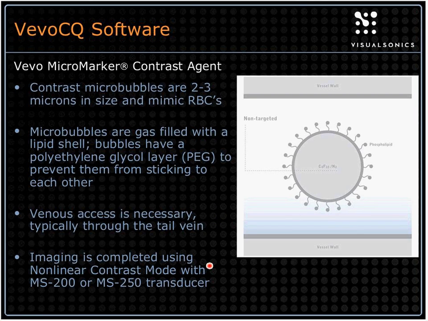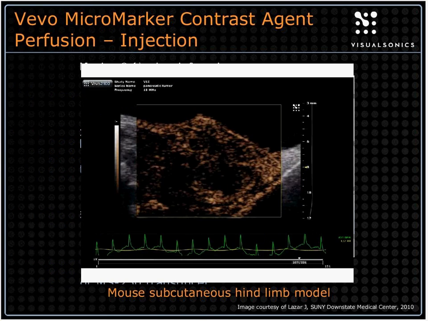the injections. And then in nonlinear contrast, we have 2 transducers that work with the Vevo 2100, the MS200 or 250. There are low frequency transducers, a 15 megahertz center and a 21 megahertz center frequency probes. The nature of nonlinear contrast is that it works better at a slightly lower frequency, so this is the reason behind using those probes.